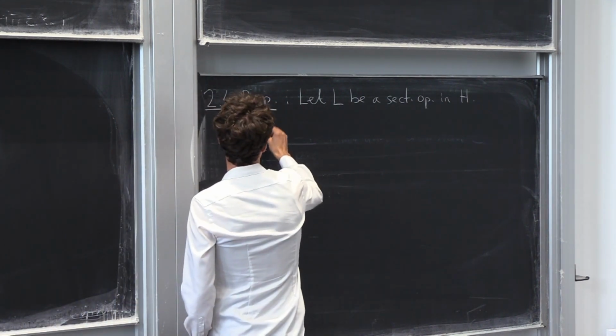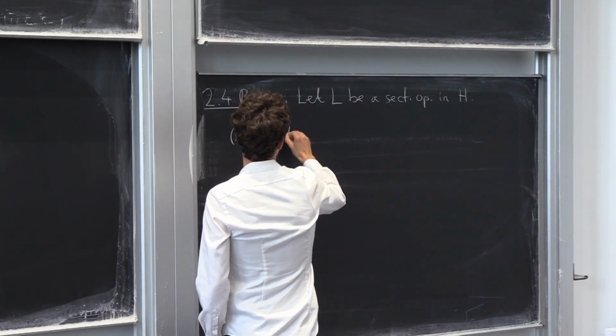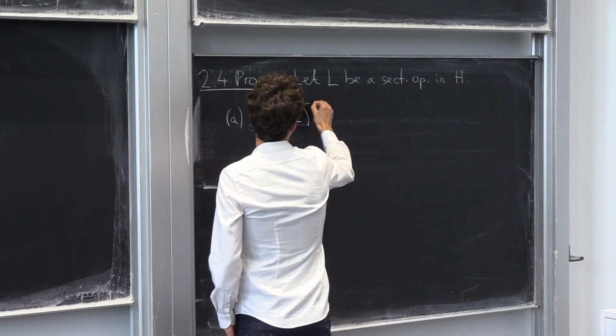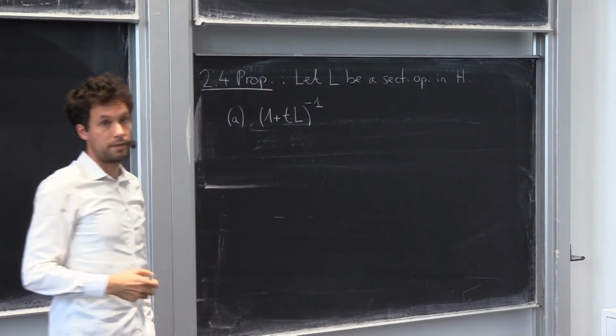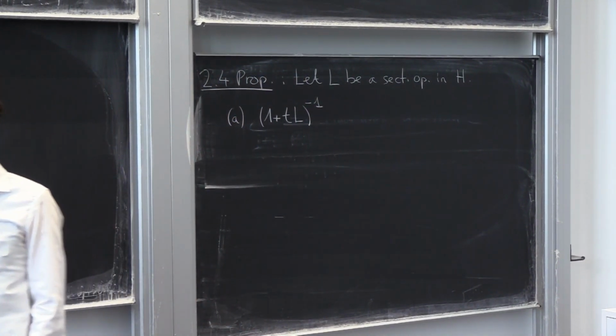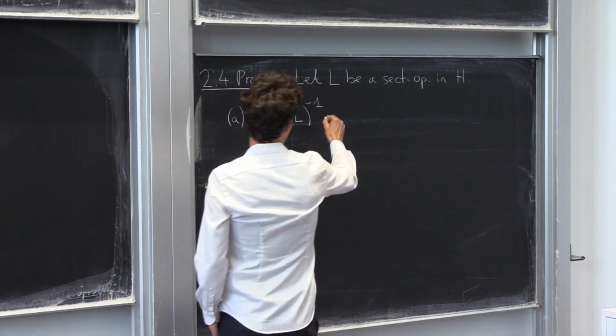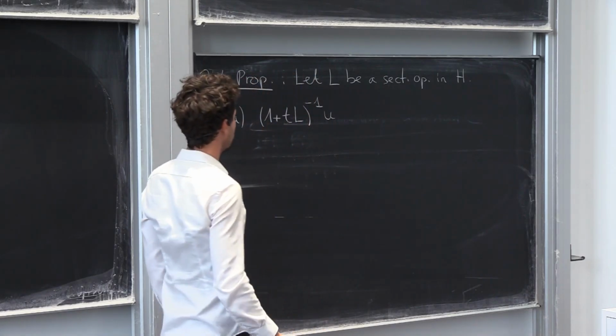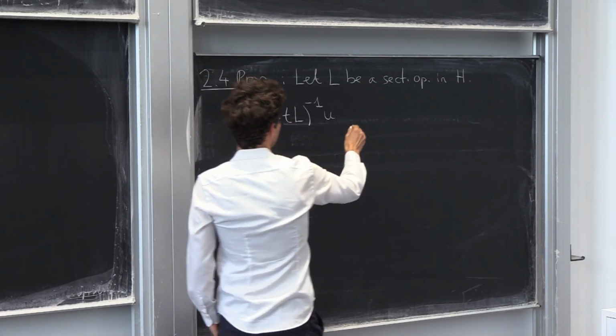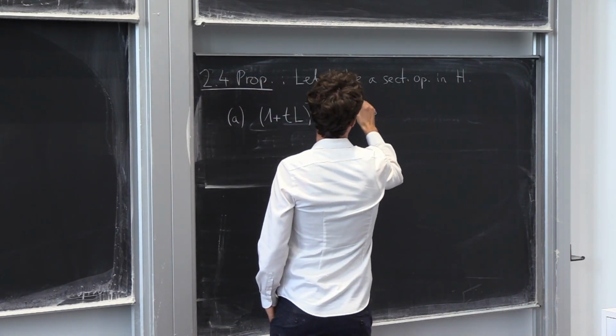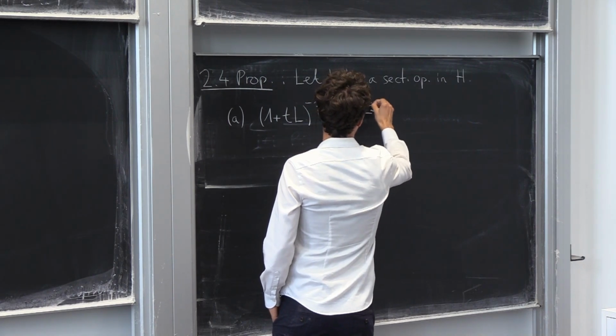Okay. The first thing is I want to look at the operators 1 plus TL. They turn out to be invertible, and I can show you what happens with this family of operators in the sense of strong convergence when T goes to infinity.